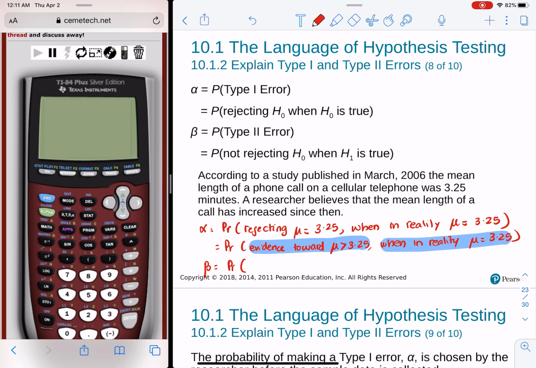Beta would be the probability of not rejecting the statement if the truth is that since 2006, the mean length of a phone call has gone up from 3.25, and our statistical test ends up concluding, oh, that isn't the case, we'll simply say nothing has changed.